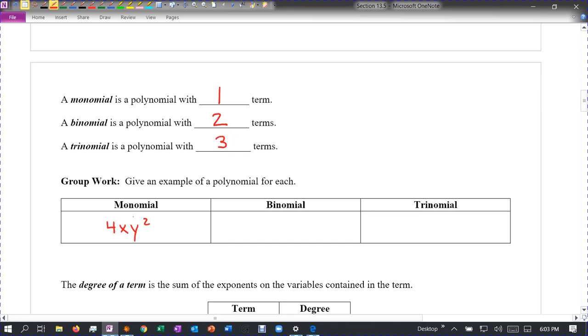We don't see any addition or subtraction. A binomial could be something like 5x squared plus y. That would be a binomial. There are 2 terms. And then a trinomial, something like, x squared minus 3x minus 4. That's an example of a trinomial. We have 1, 2, 3 terms.